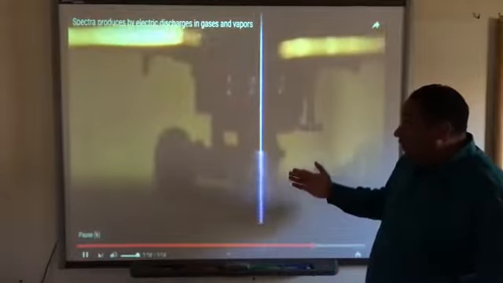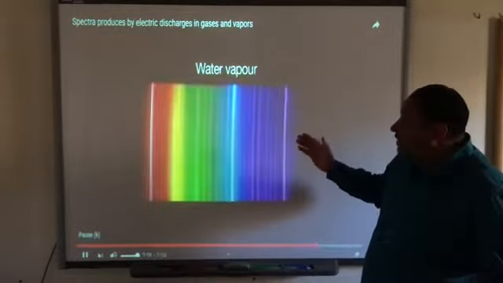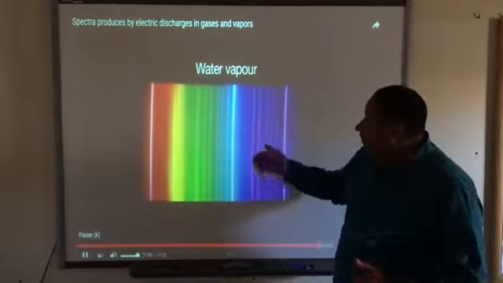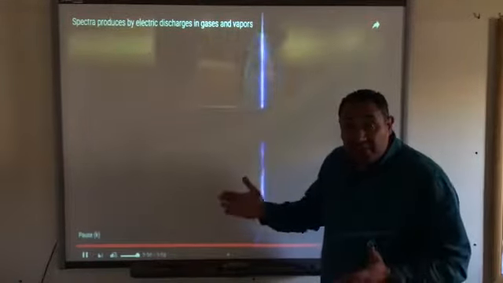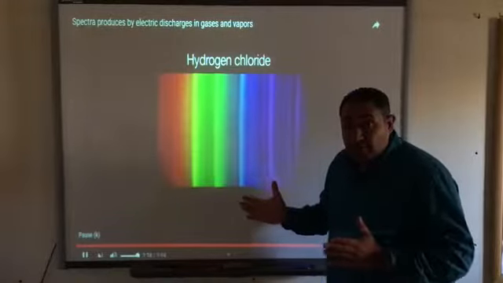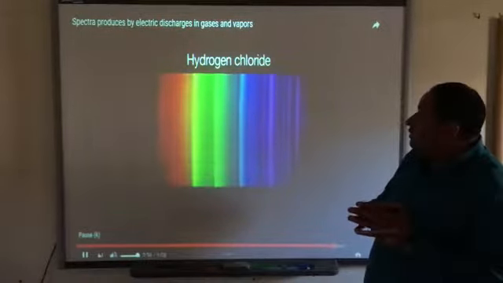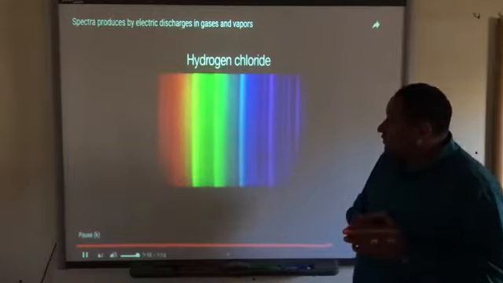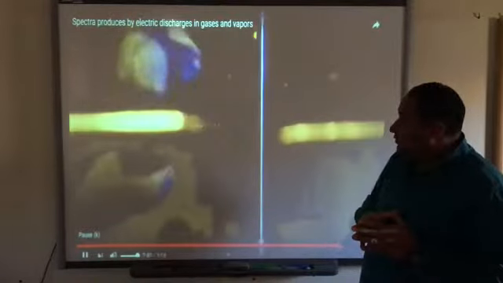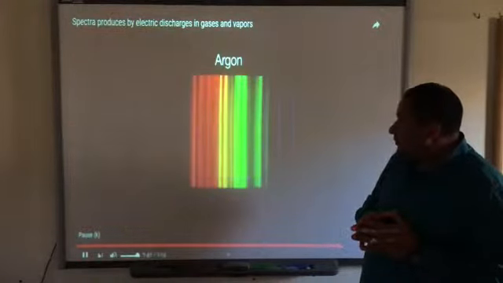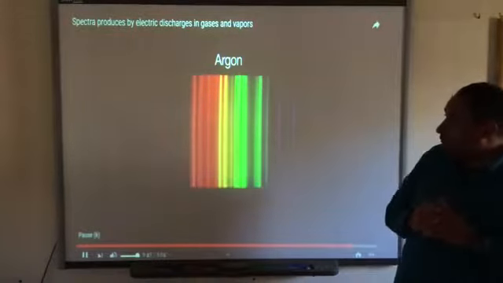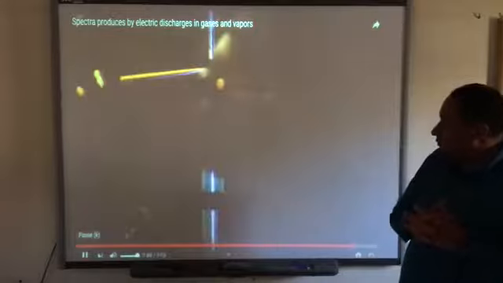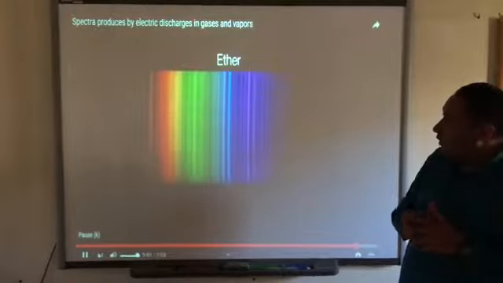And we found that every gas has its own print, like water vapor. Each one of them has its own spectrum print. Hydrogen chloride. Argon gas. Ether.